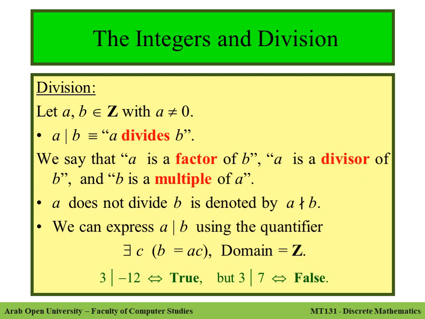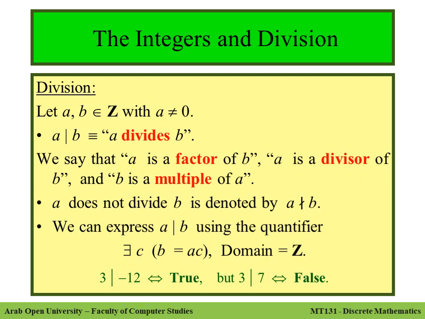A is a divisor of b. All that means the same thing. Of course, that means that b is a multiple of a. To say a does not divide b, we use the same symbol but we cross it. So this should be read as a does not divide b.